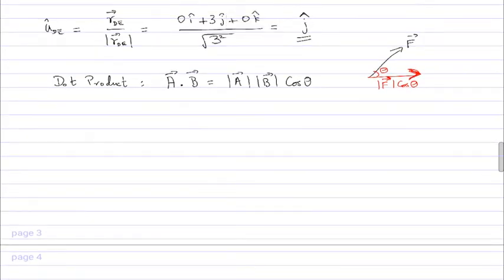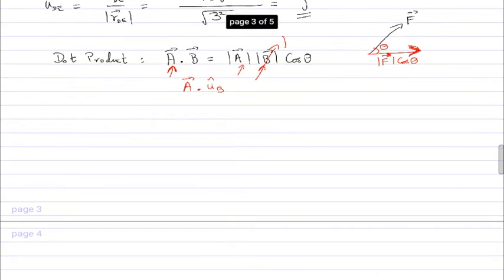So coming back to the dot product equation, if you had to find the component of A in the direction of B, we would just do A dot the unit vector along B. Because A dot B is the magnitude of A times the magnitude of B times cosine theta, to get A cosine theta, we'd have to have the magnitude of B as 1. So that's why we're using the unit vector along the direction of B.